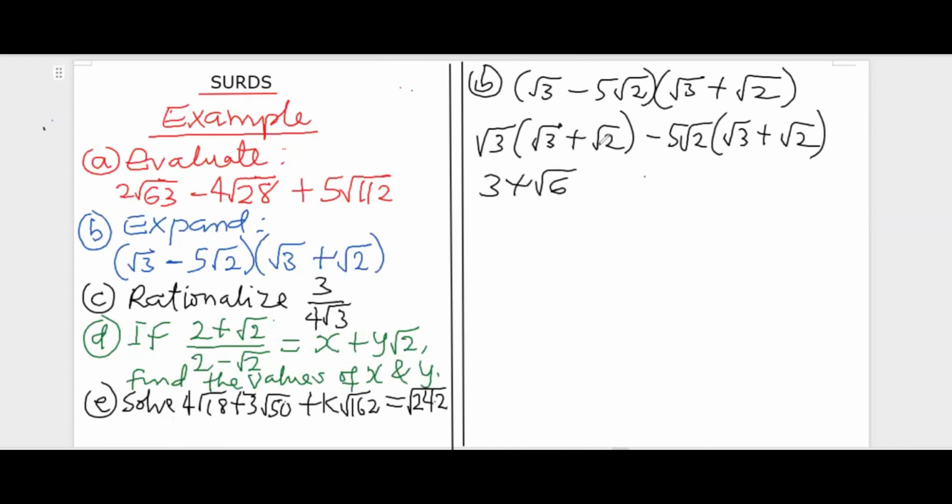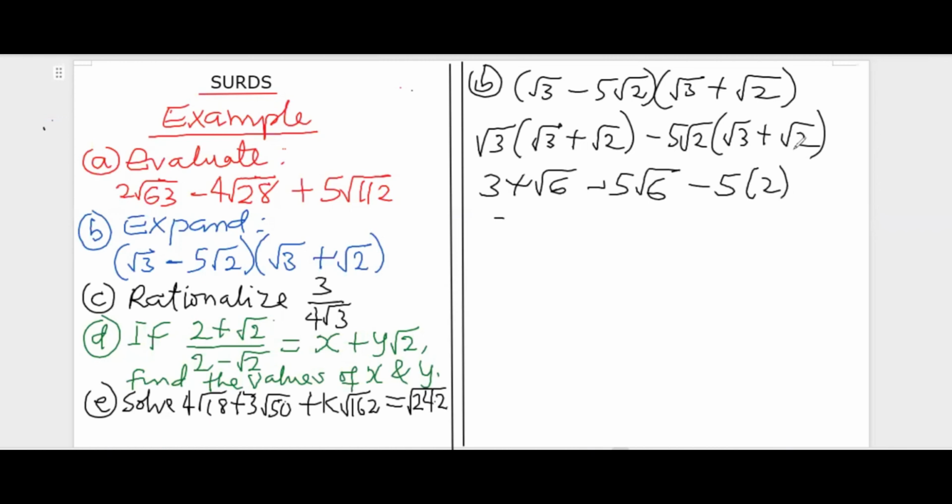So we have opened this one. For the second one, negative 5 root 2 times root 3. That will be negative 5, root 2 times root 3 is root 6. And negative 5 root 2 times root 2. That is negative 5, then root 2 times root 2 is 2.